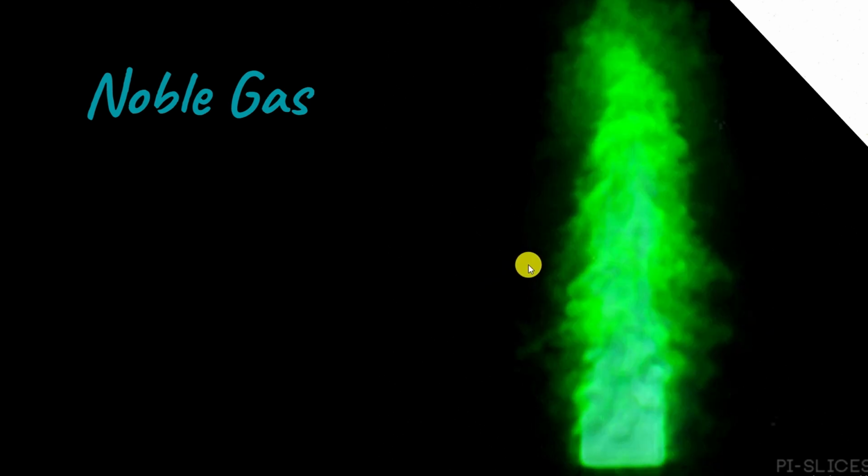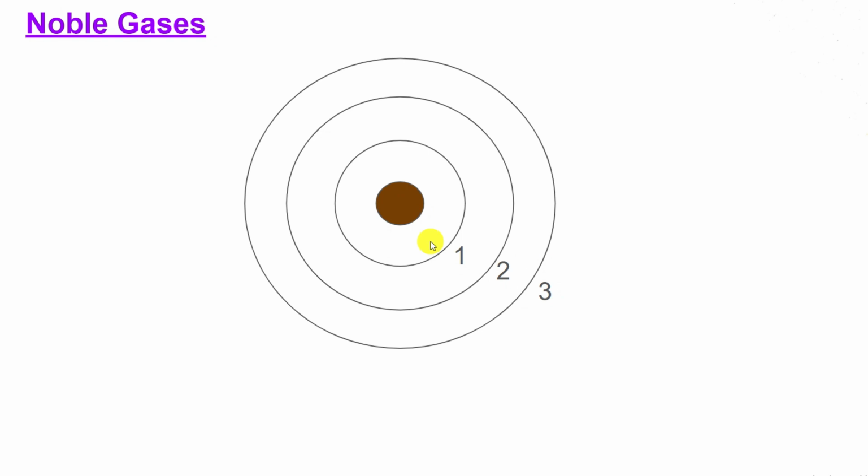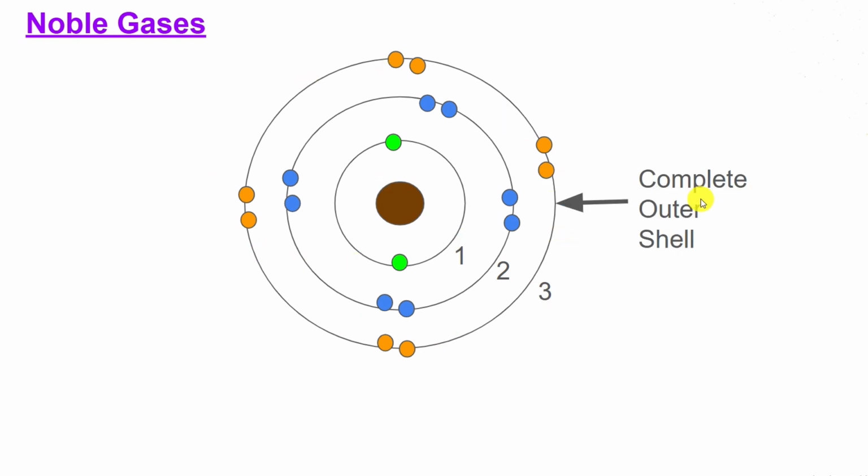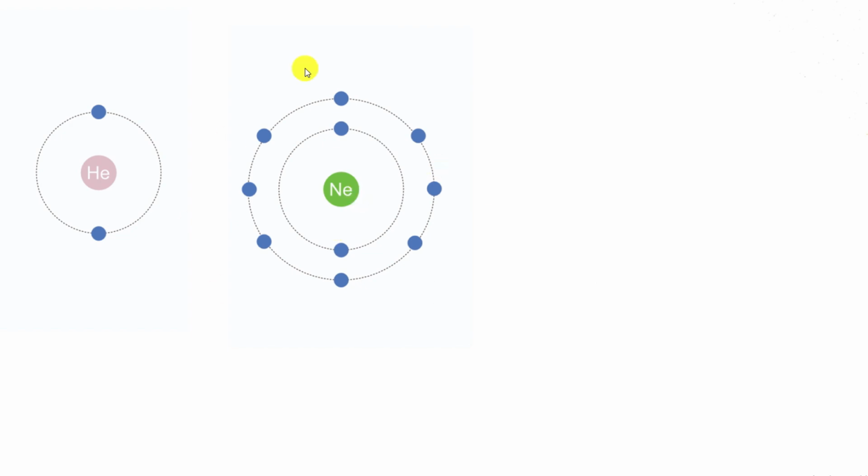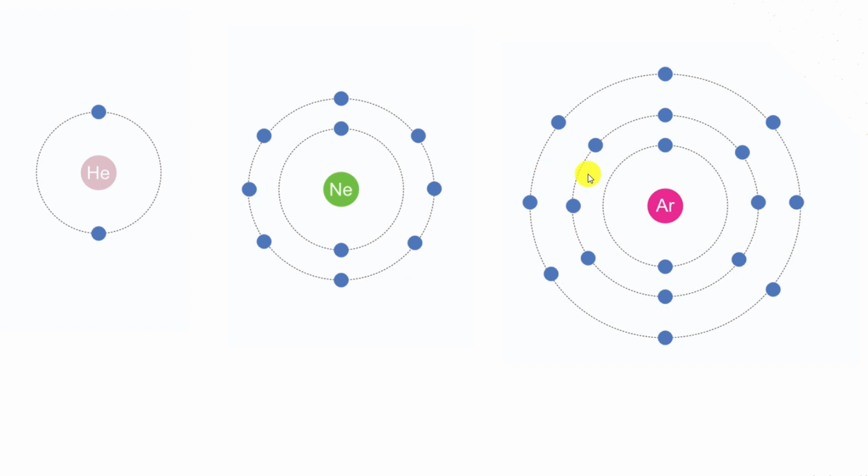So, what is a noble gas? A noble gas is a type of chemical element that is very unreactive because its outermost electron shell is full. So, if an atom has just the first shell completed, or both first and second shell completed, or first, second, and third shells completed, as shown over here, they are called noble gases.